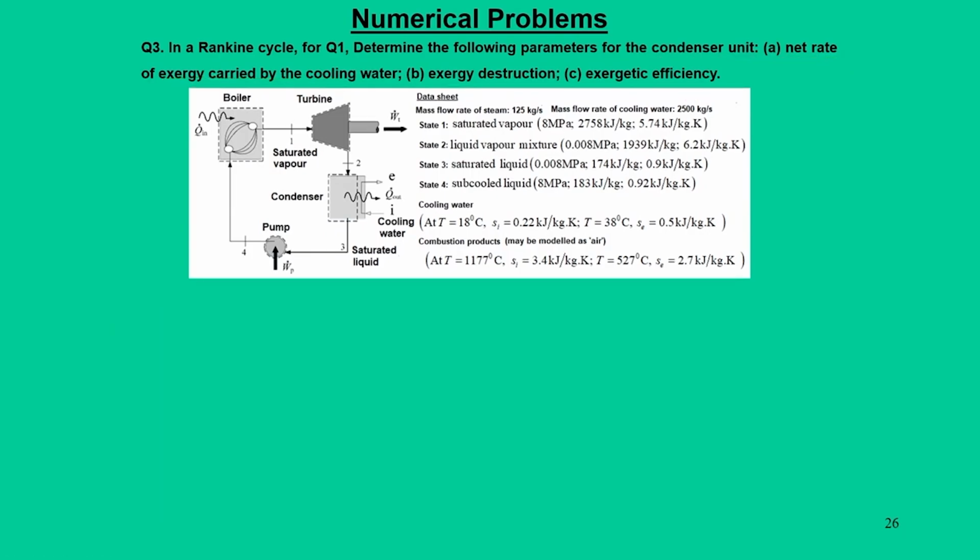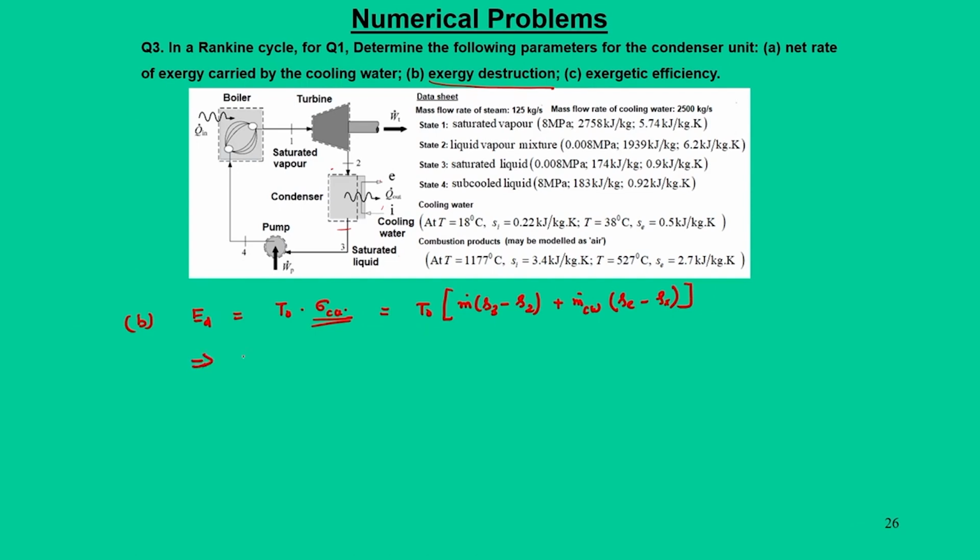Then the next term, we need to find out the exergy destruction. We can write ED as T0 into sigma CV, and this is nothing but the control volume for the condenser unit. That can be written as T0 times m dot S3 minus S2, that is the effect of steam, as well as the cooling water, which is m dot Cw into Se minus Si.